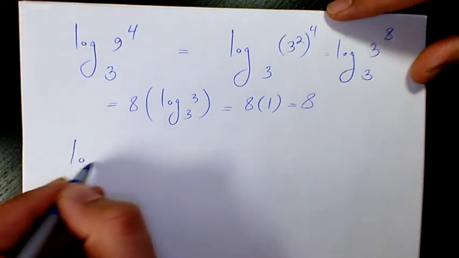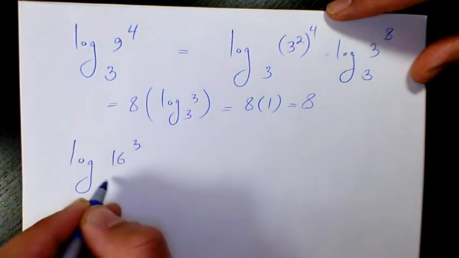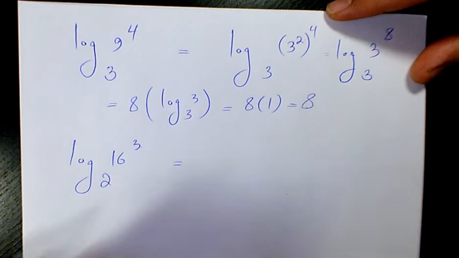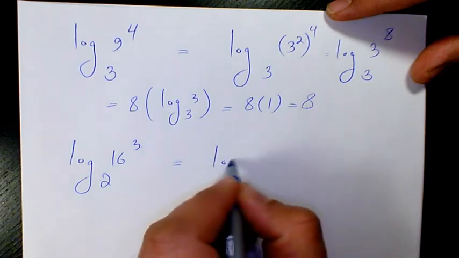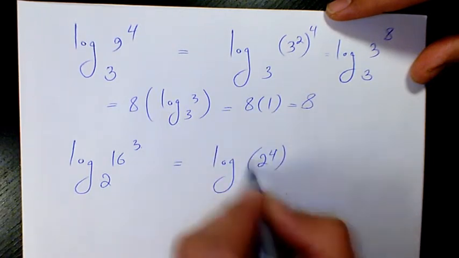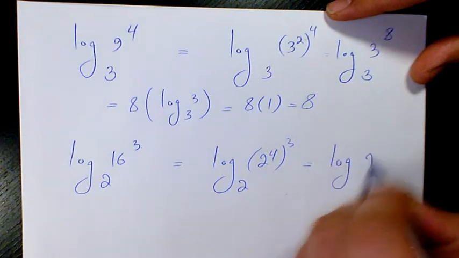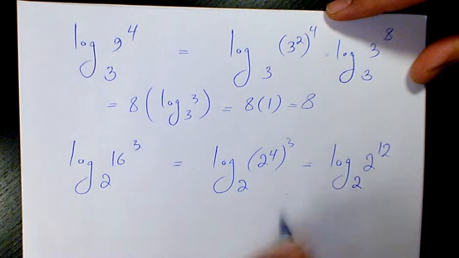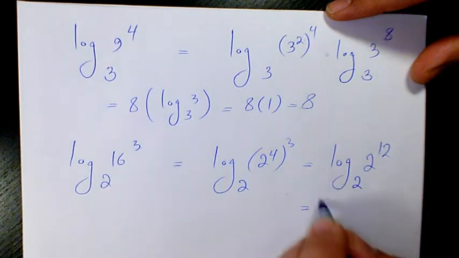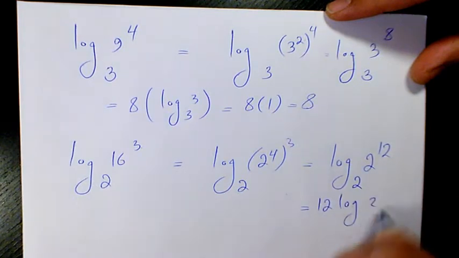Next one is going to be log 16 to the power of 3 base 2. That's going to make it log 2 to the power of 4 to the power of 3 base 2, which will be log 2 to the power of 12 base 2. That's going to be equal to 12 log 2 base 2, which is 12.